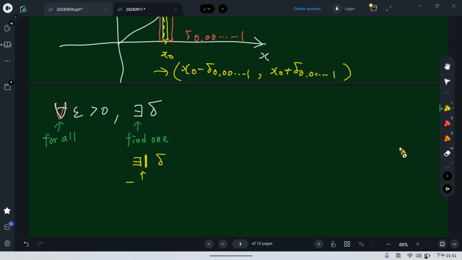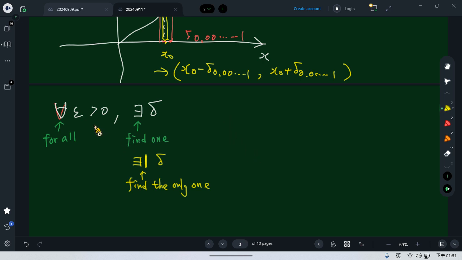This means find the only one. So they are different. Here, I can find delta, find one delta, so that means more than one delta could make it satisfied.